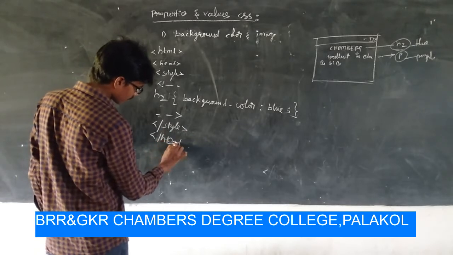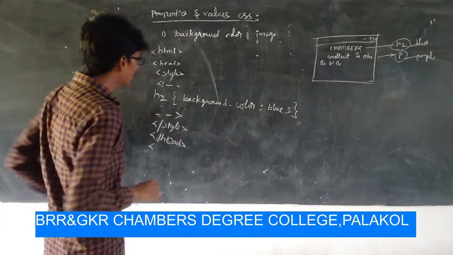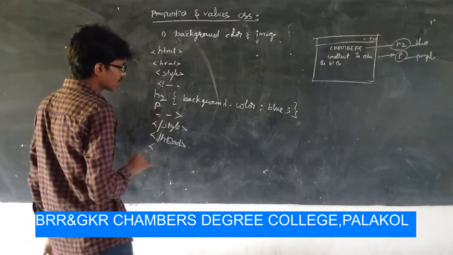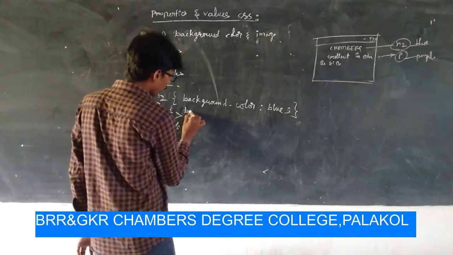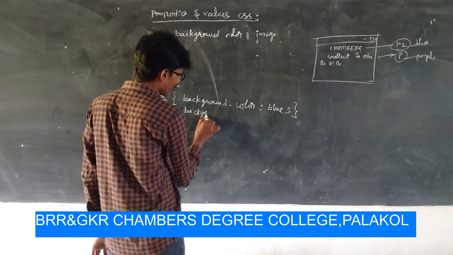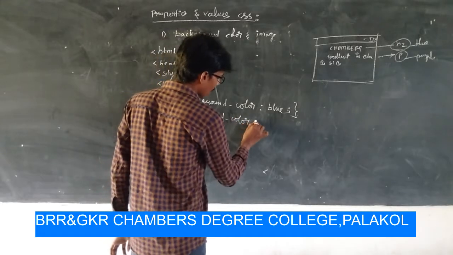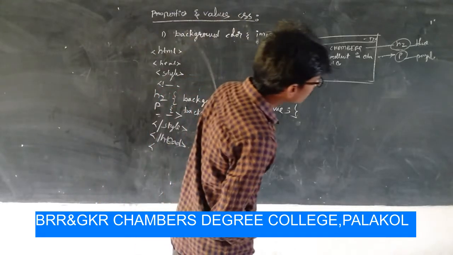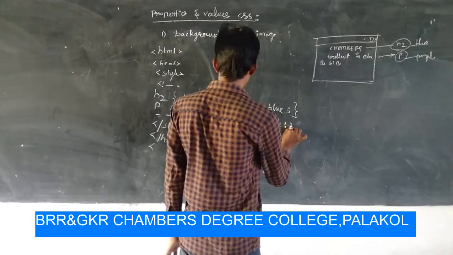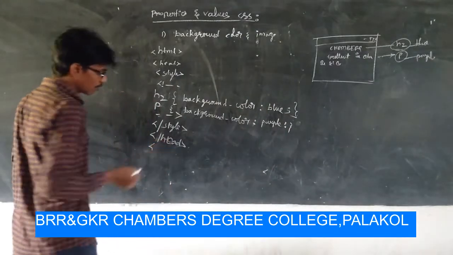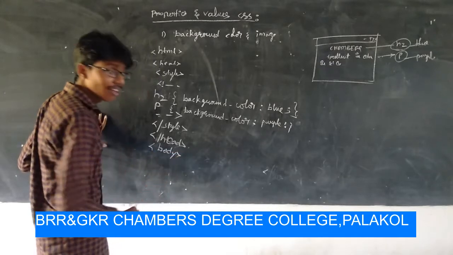After that close the head part. Then another rule, the paragraph P: you mention the tag P, and there you want the background color, same property, background color as the keyword, with the value purple. Then you mention the body part, that is the actual content of the page.